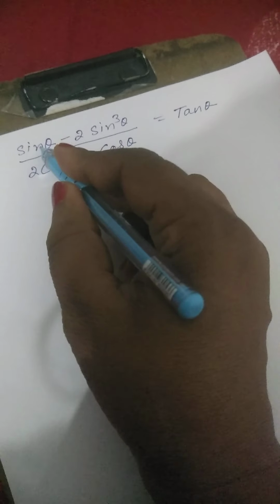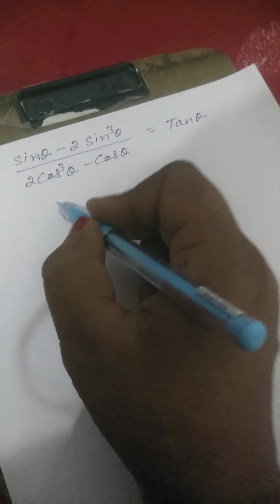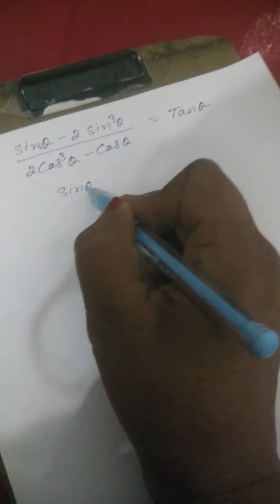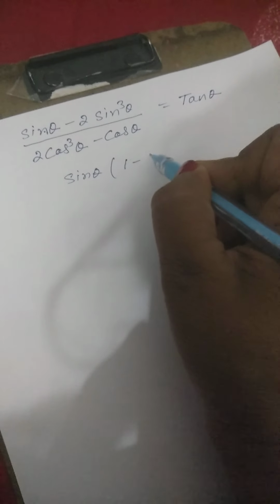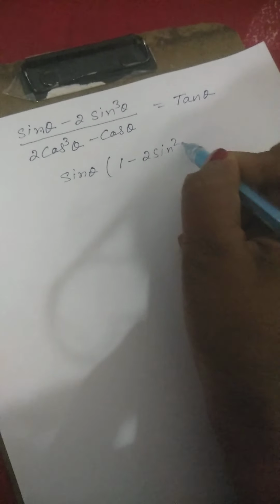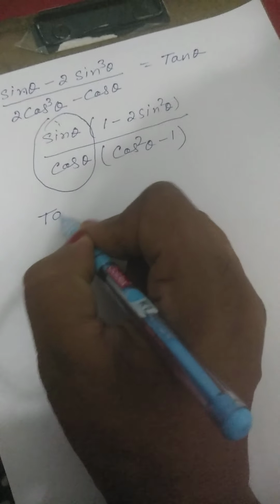Just take sin theta common, then 1 minus 2 sin square theta, and the denominator cos theta times 2 cos square theta minus 1. And what is the formula? Sin theta by cos theta is equal to tan theta.